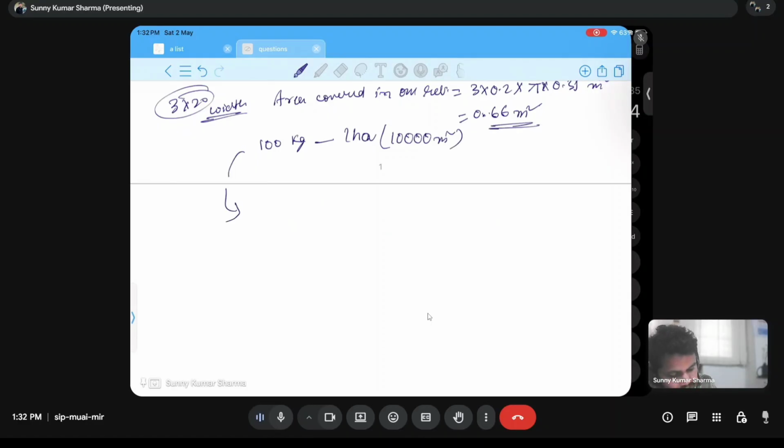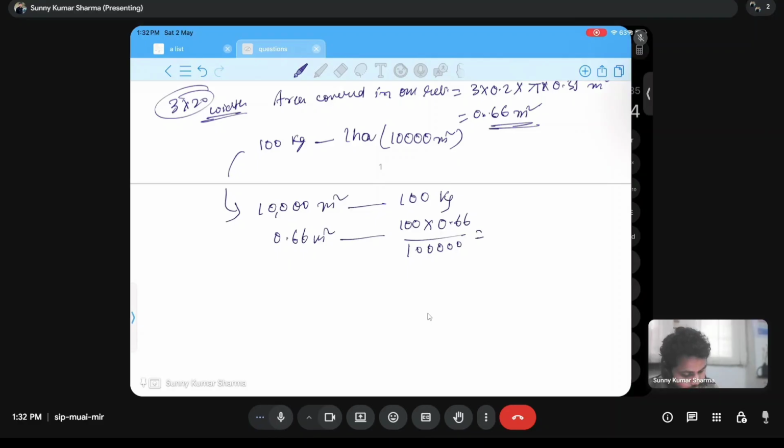So in this much area, how much seed will there be? In 10,000 meter square, I have 100 kg. So in 0.66 meter square, it will be 100 into 0.66 by 10,000.